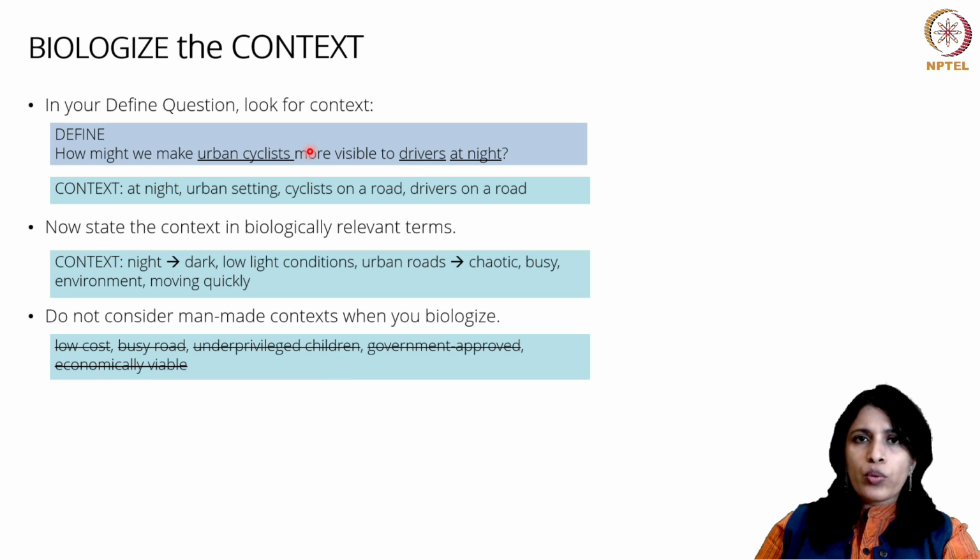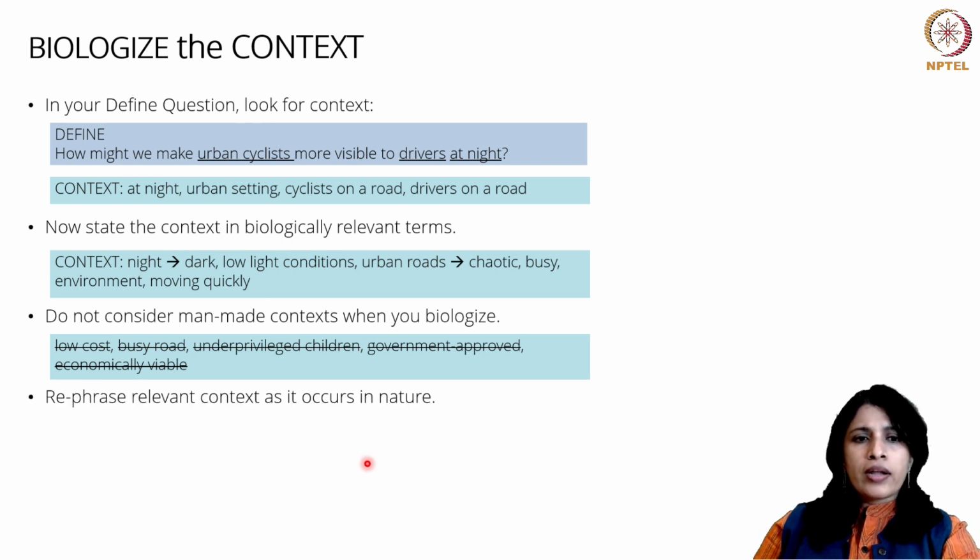So from your defined question, you will have to remove the man-made context, remove the man-made functions, and state it in biological terms. So that's what you have done here. You have biologized the context, and you will rephrase the whole thing as it occurs in nature.